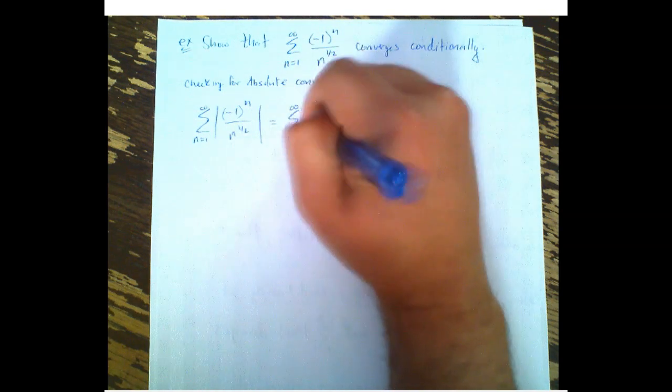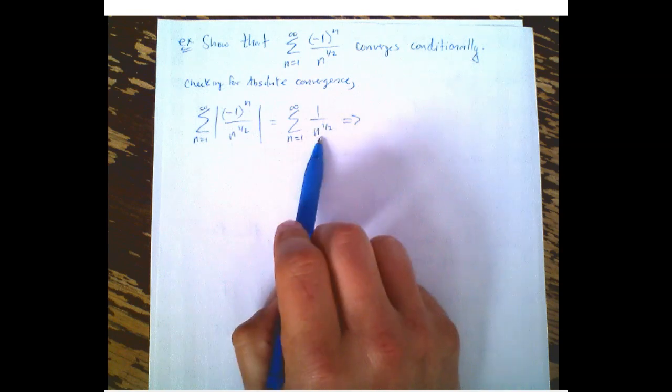So we're looking at 1 over n to the 1/2. Does this series converge or diverge? Well, it diverges, right? This is another p-series, but p is not greater than 1. Diverges by the p-series test.